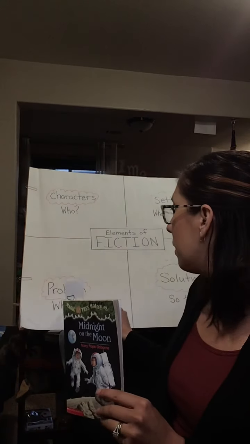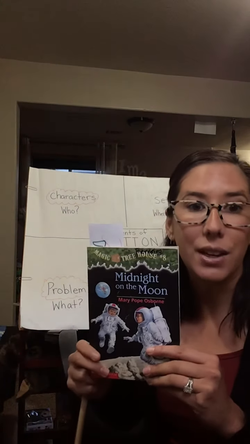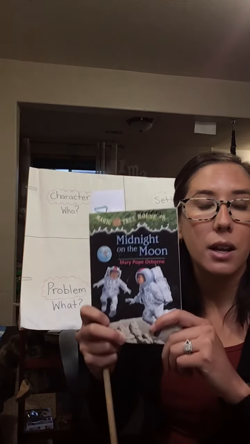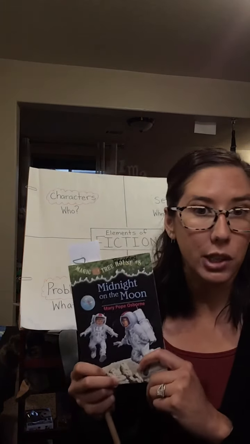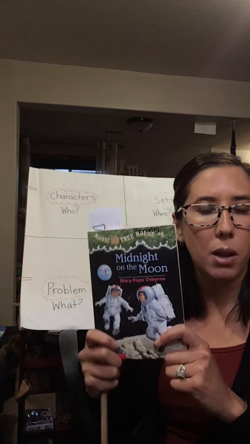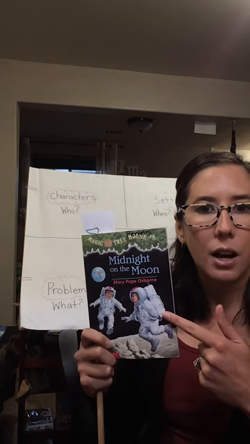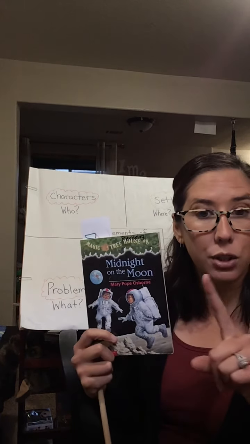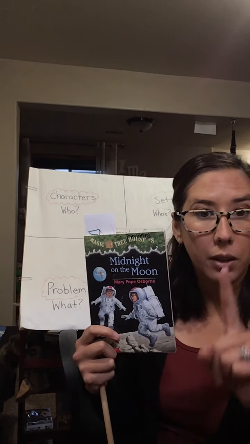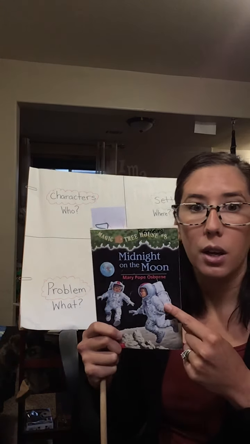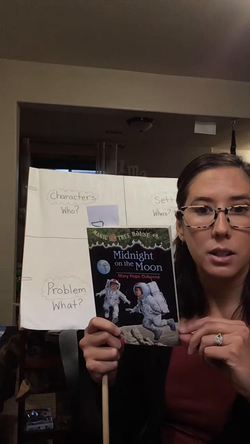This problem ends up having events that happen. Think of them as missions. They go on missions to solve their problem. So in my Midnight on the Moon book, first they had to get the treehouse to the moon. That was their first event.